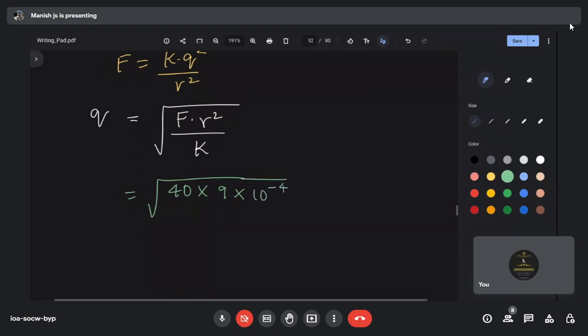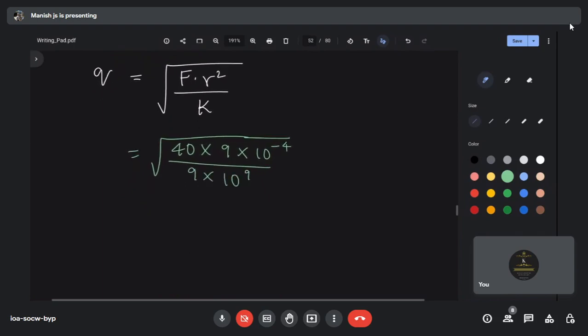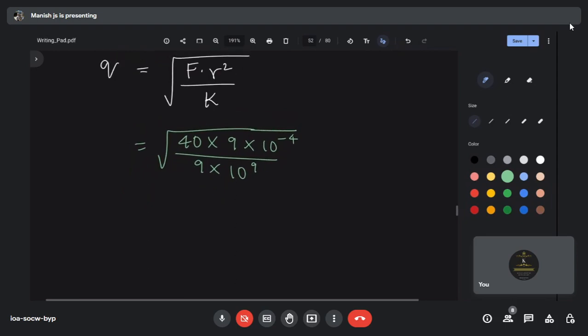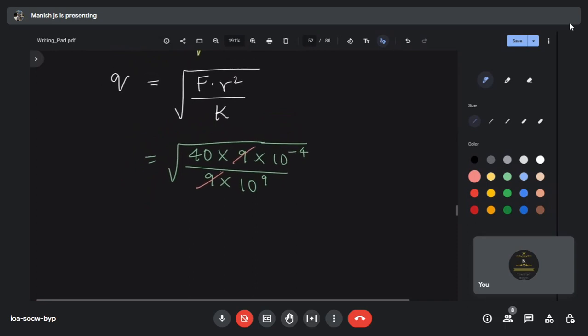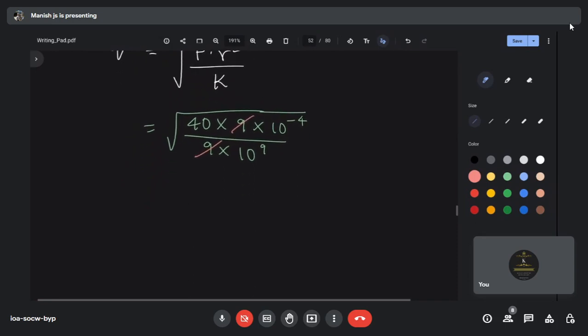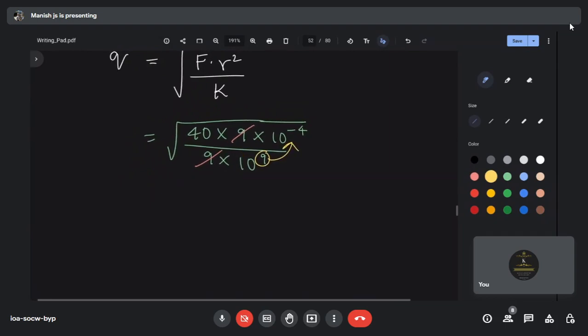Divided by K, whose value is 9 into 10 to the power 9. That's the value of K. So I can cancel out the 9. So we can cancel out and now simplify the values. 10 power 9 going up will become 10 power minus 9. 10 power minus 9 times 10 power minus 4 will be 10 power minus 13.